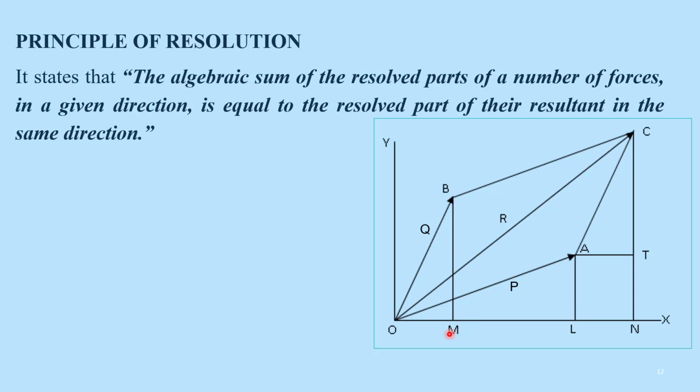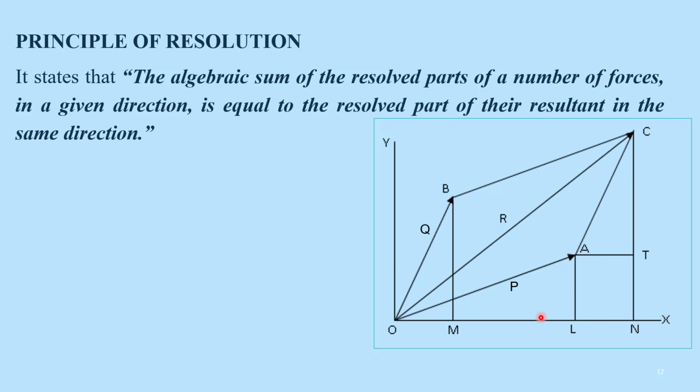Similarly, when you consider the force Q, this OM denotes the horizontal component of Q from this triangle OBM. Similarly, you can consider OCN. So in that triangle, ON denotes the component of R along the x-axis.